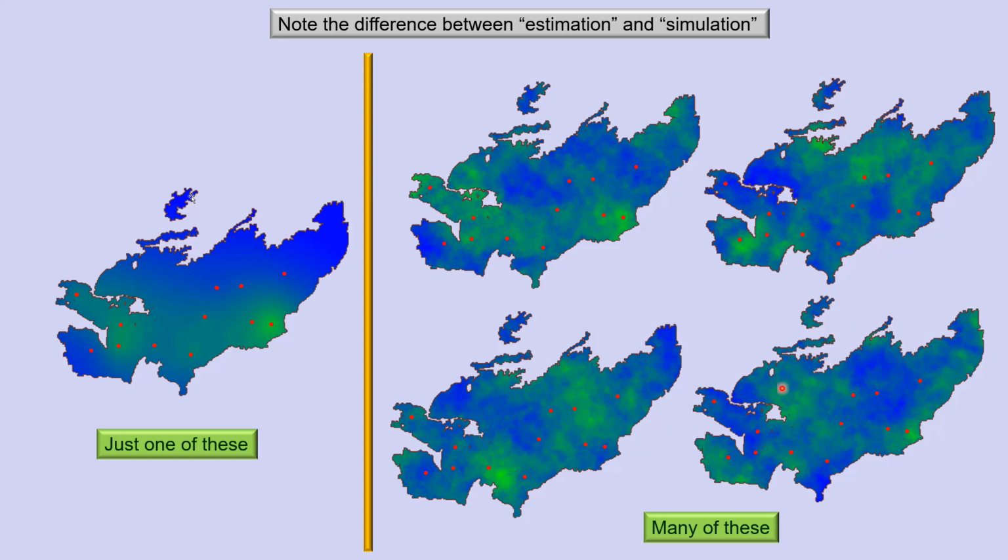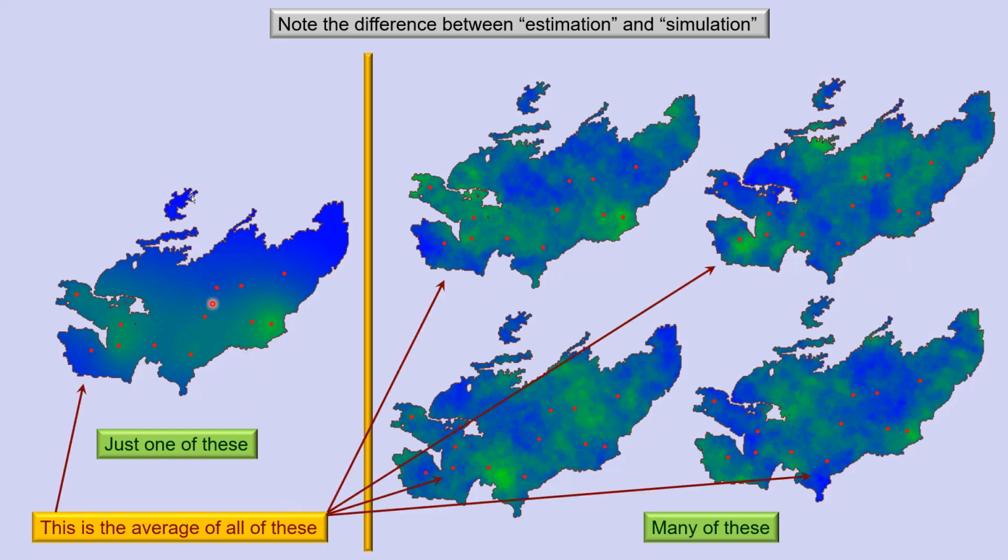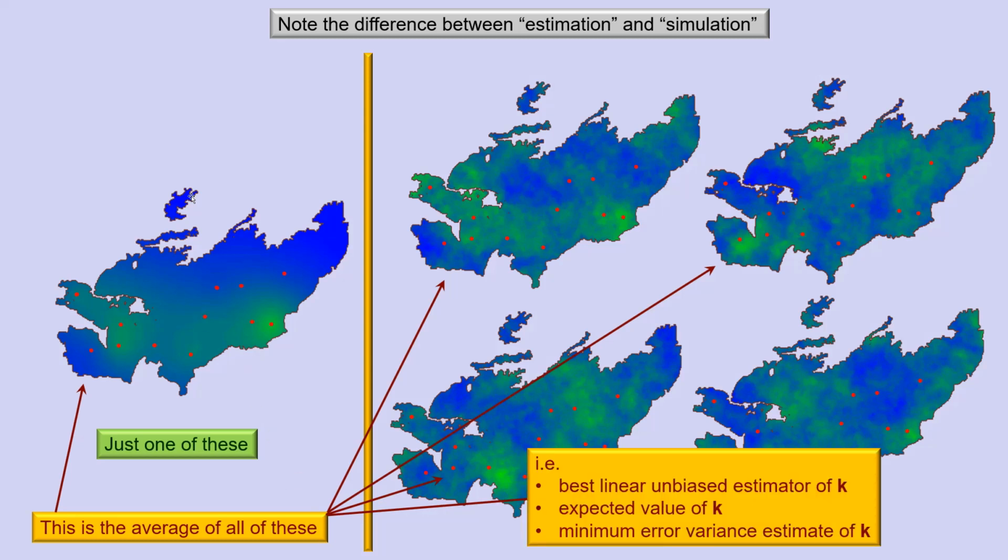But there are an infinite number of these that we can generate. And if we were to take the average of all of these, we would end up with this. And that is what Kriging tries to give us. That is the best linear unbiased estimate of the hydraulic property between the sample points, the expected value, the value of minimum error variance.